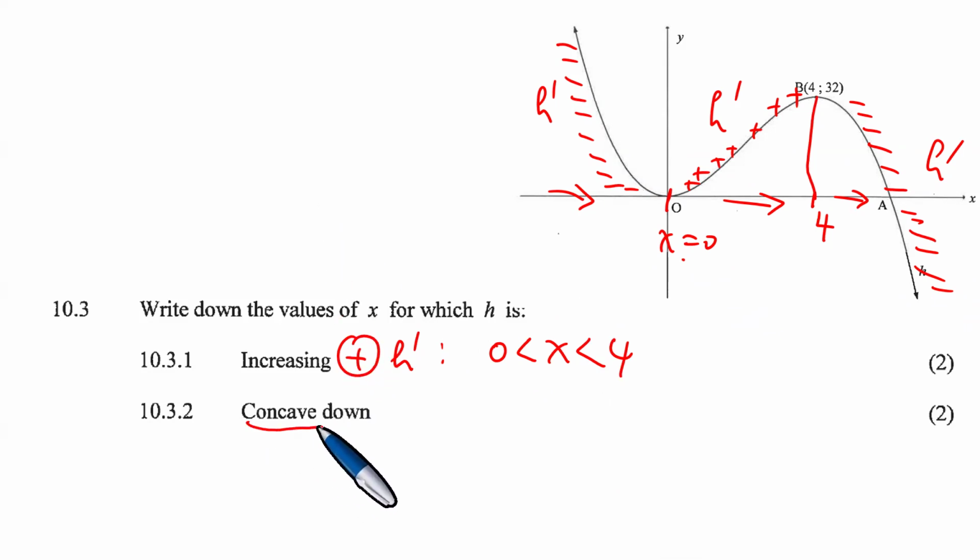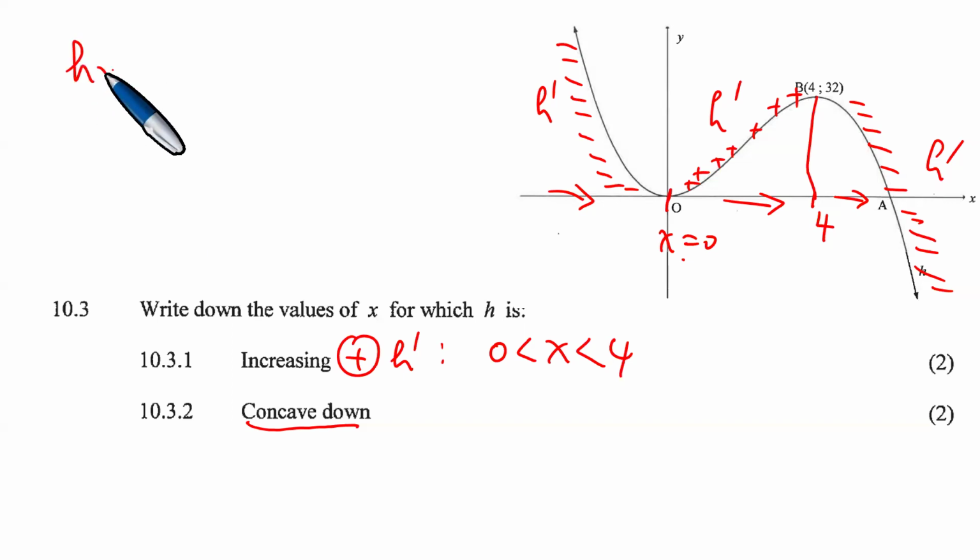Now, when is the function concave down? Let us analyze where the function is concave down. To find where the function is concave down, let's remember what the equation of the function actually is.